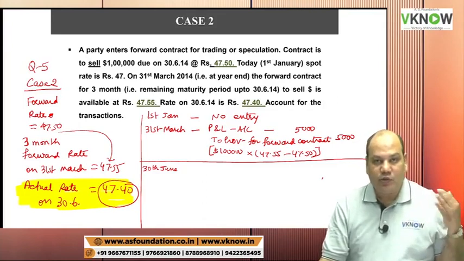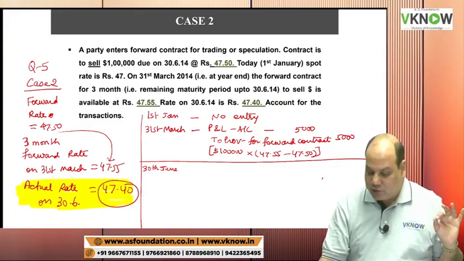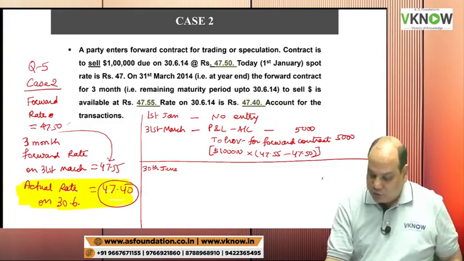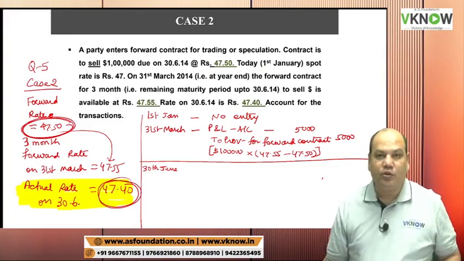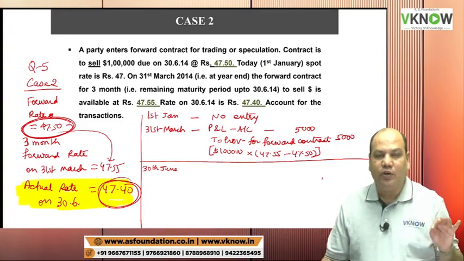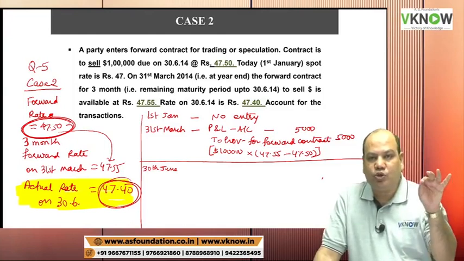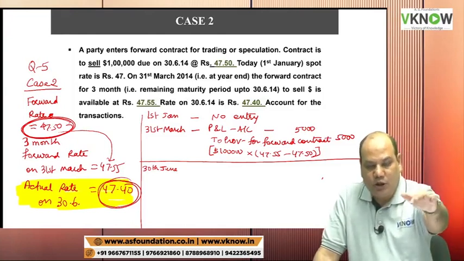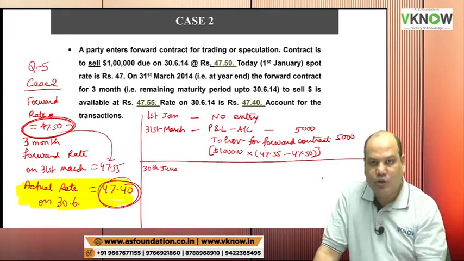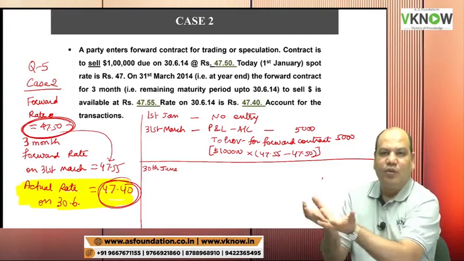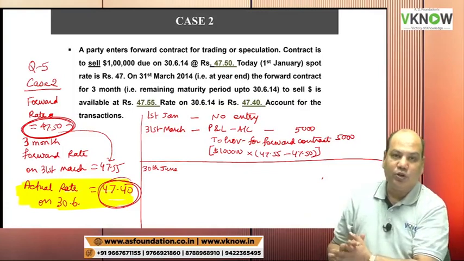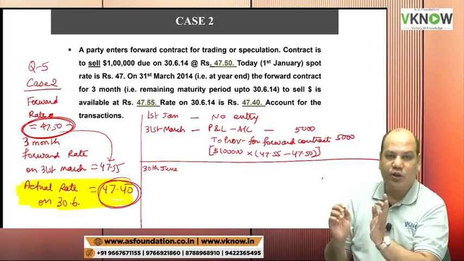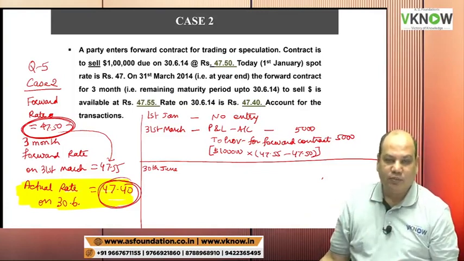So I will receive from the forex dealer the difference between 47.50 and 47.40 because I've entered into a forward contract to sell at 47.50. Market rate is 47.40. So I can take from the market at 47.40 and I can sell at 47.50. So therefore there is a difference of 0.10.